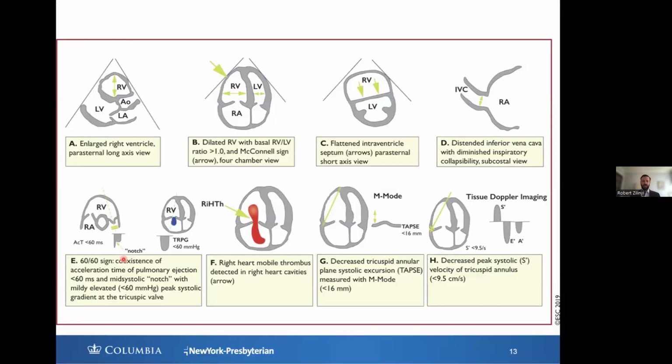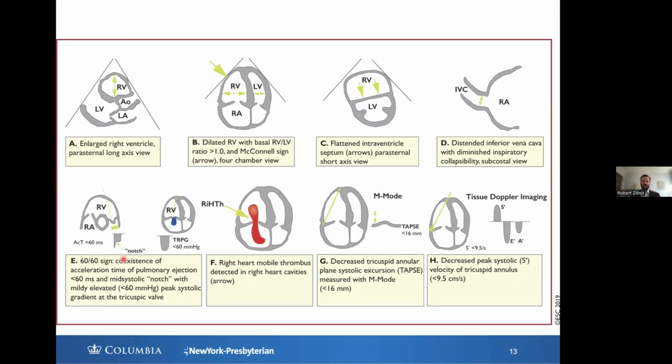When we're looking at an echo, we have several ways of assessing the right heart. We can look on the parasternal long, on the apical 4, on the parasternal short axis, and then looking at the IVC, we may see dilation and dysfunction on any of these views. In the apical 4-chamber view, in addition to dilation, sometimes we may see hypokinesis of the right ventricle with sparing of the apical segment. This is known as the McConnell sign.